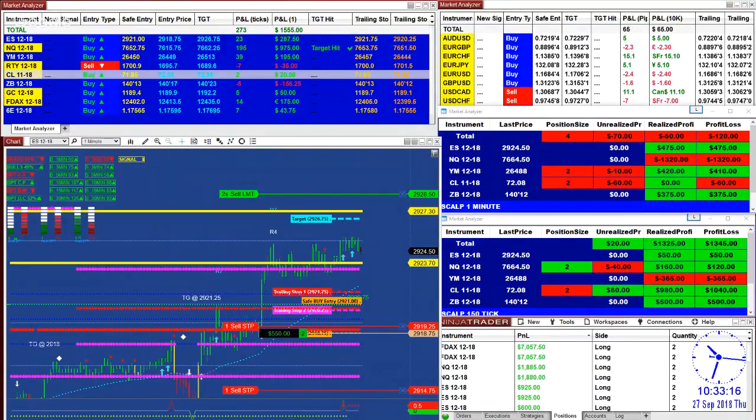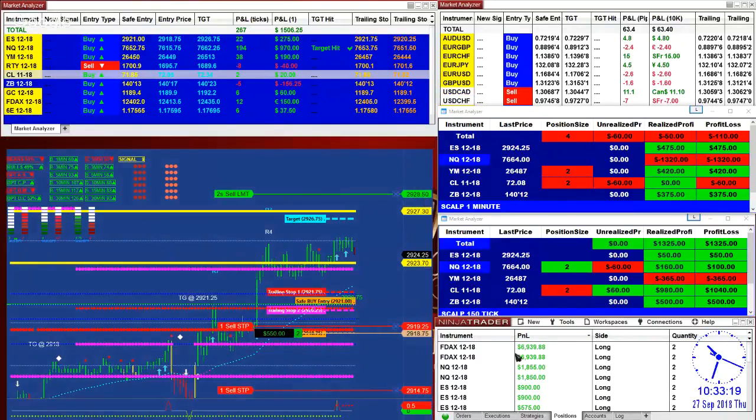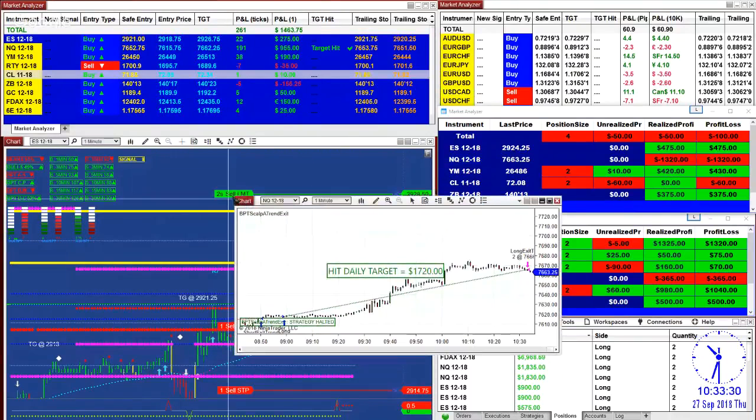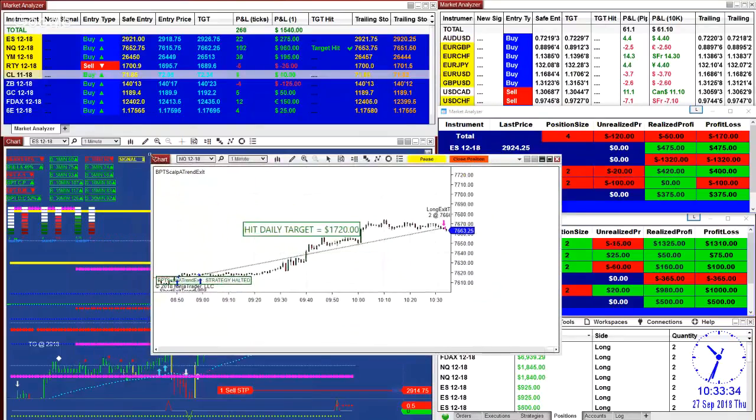On the other hand, if we look at the DAX trade, we're still on the same trade, and there are two charts up to 7,000. Okay, now the 1 minute NASDAQ is done. This is the one we were watching. And this is a 1 minute, not some kind of weird looking chart.